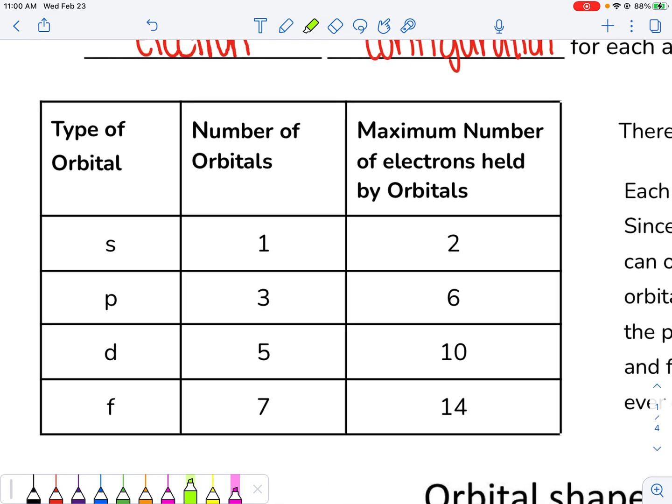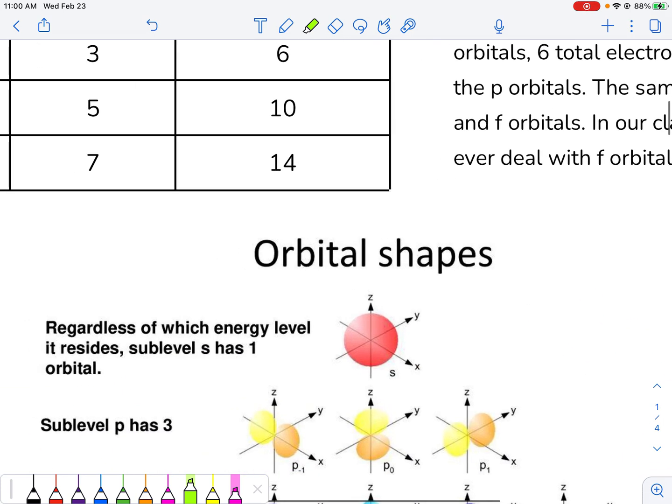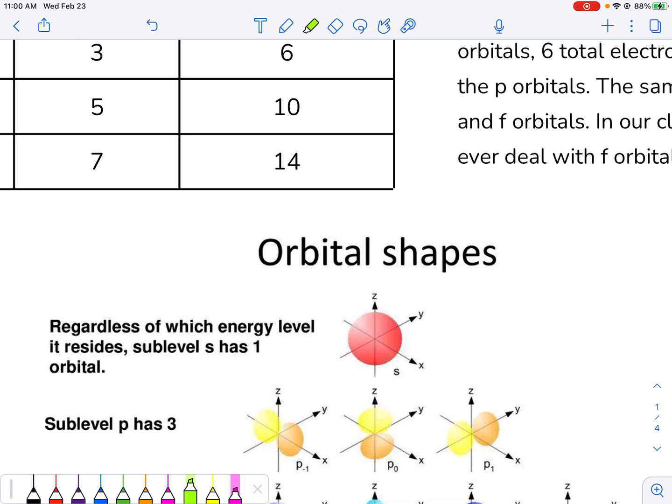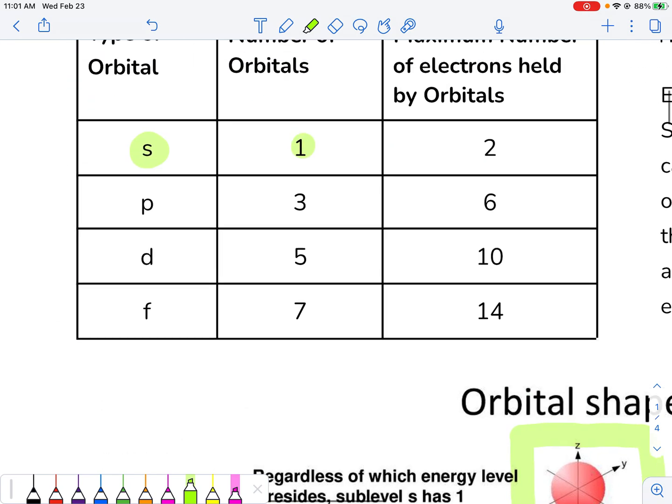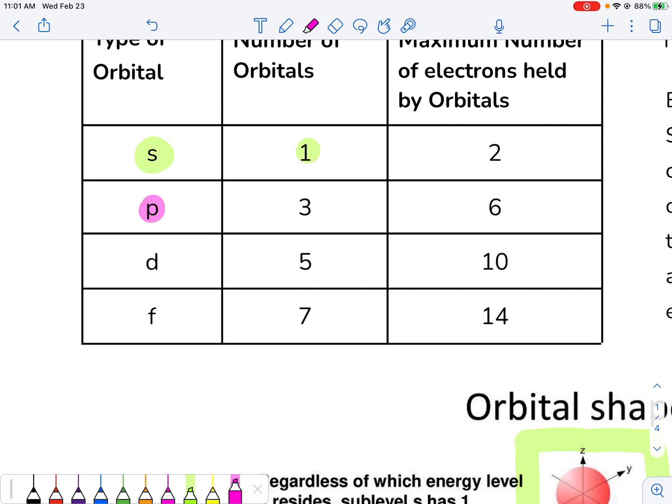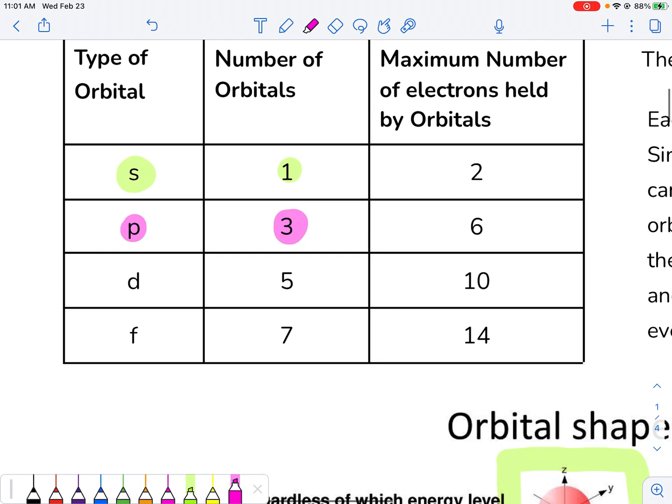For instance, if we look at this table, an S orbital has 1 orbital within it. This S orbital is just a sphere, it has 1 orbital in it, and that orbital can hold 2 electrons. The P orbital has 3 sublevels, so 3 orbitals associated with it.